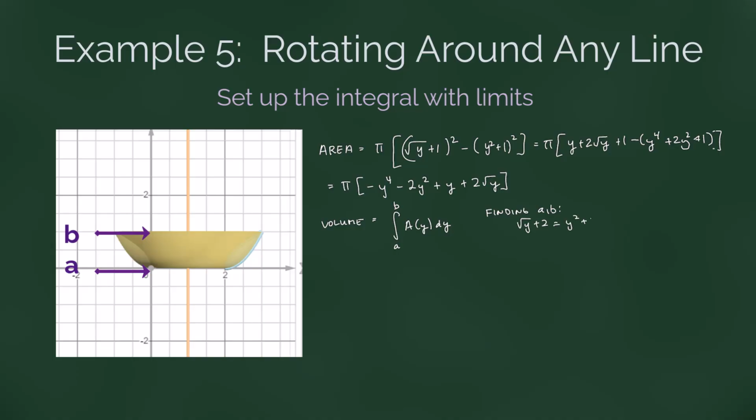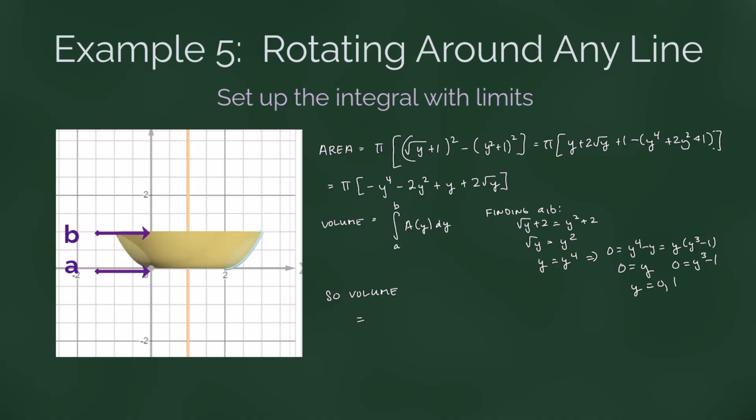We'll set our two original functions equal to each other, giving us the square root of y plus 2 equals y squared plus 2. Subtracting 2 from both sides, and then squaring both sides gives us y equals y to the 4th. Setting that equal to 0 and factoring, we get that 0 equals y times y cubed minus 1, which gives us y equals 0 and y cubed minus 1 equals 0, or y equals 0 and y equals 1.